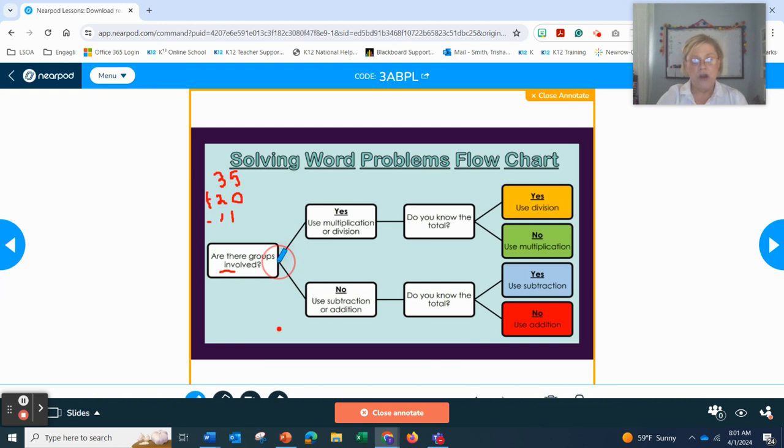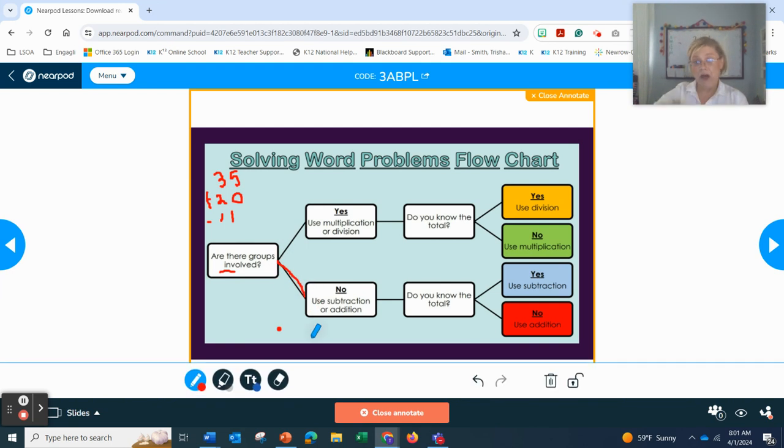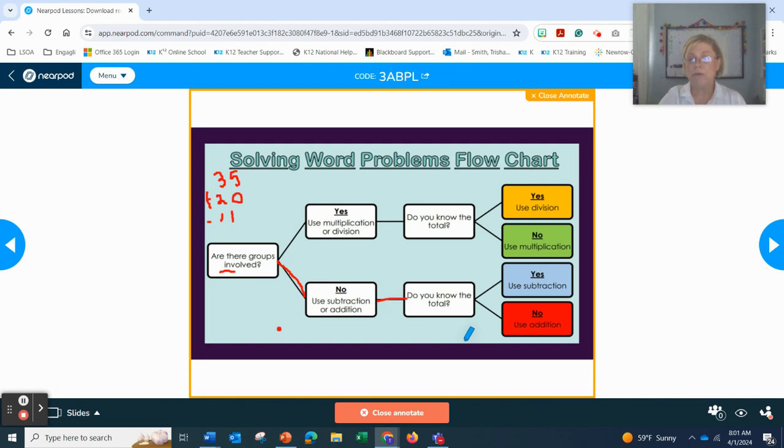So we go to no. So now that we've gone to no, it says use subtraction or addition. Now, in this case, we already know we're going to use the combination of both. And so the next part of this is, do you know the total?